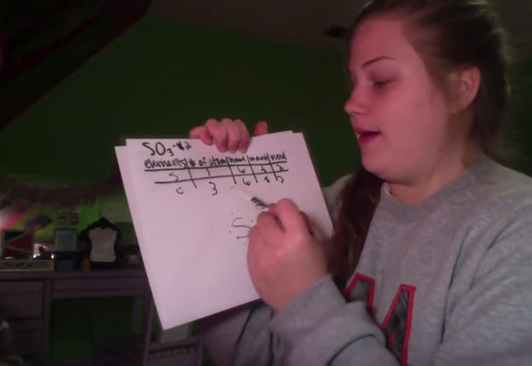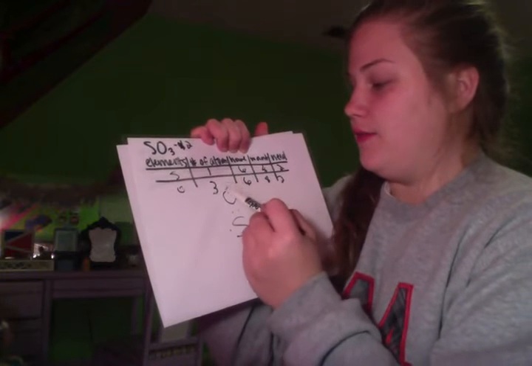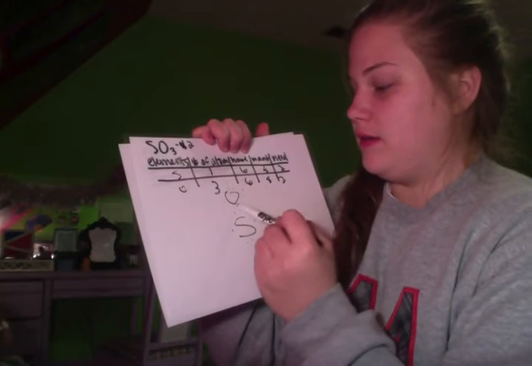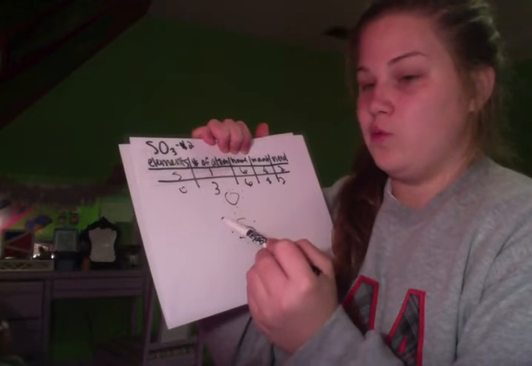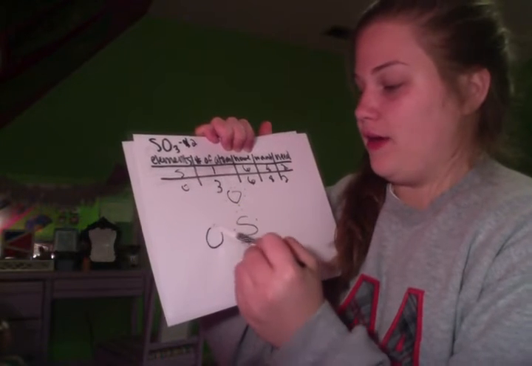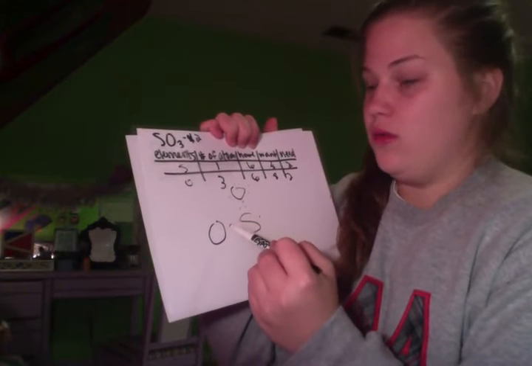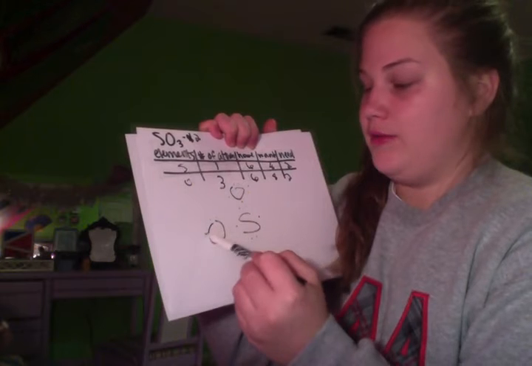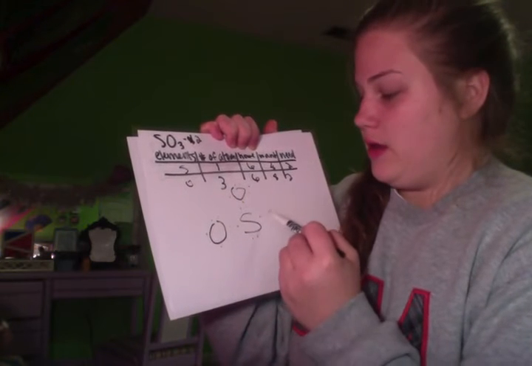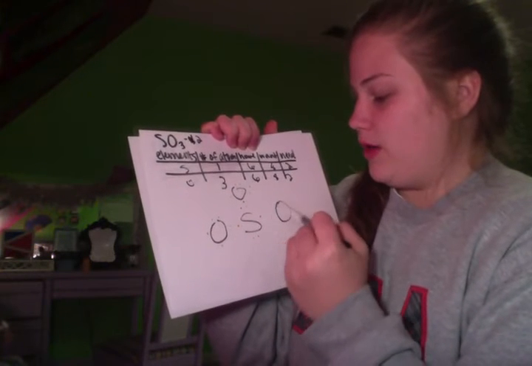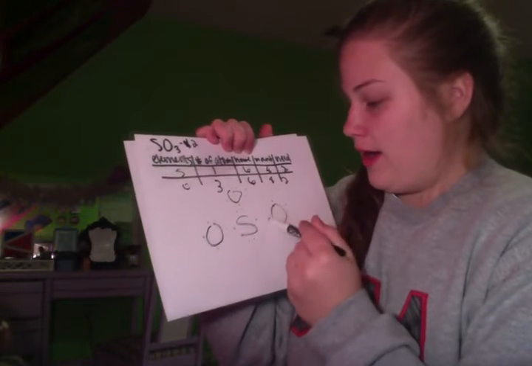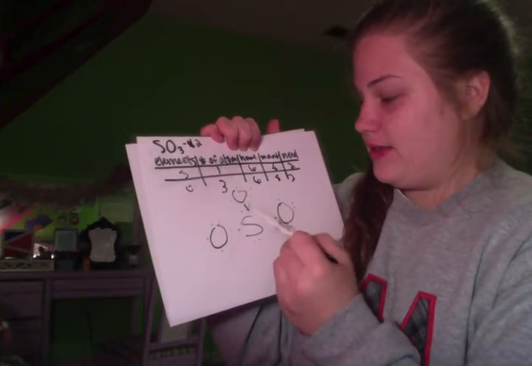Then O, 1, 2, 3, 4, 5, 6. And then another O, 1, 2, 3, 4, 5, 6. And then another O, 1, 2, 3, 4, 5, 6. Alright, and then you bond these together.